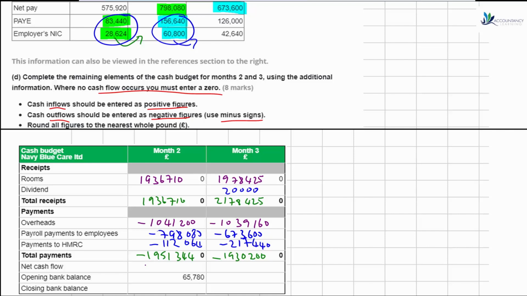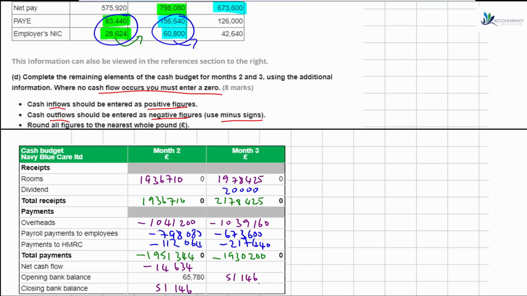So we've got more cash going out than coming in. So we have a negative 14,634. Now we started with cash of 65,000 at the beginning of the month, and of that we spend this 14,000, and that means at the end of the month we have 51,146. And that's how much money we have then at the beginning of month 3.